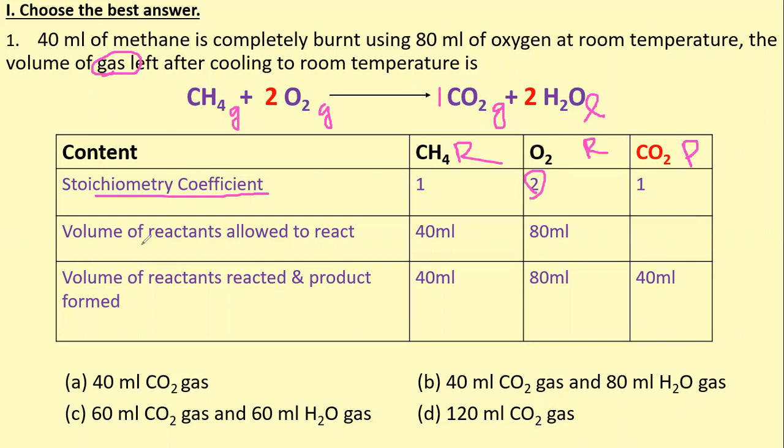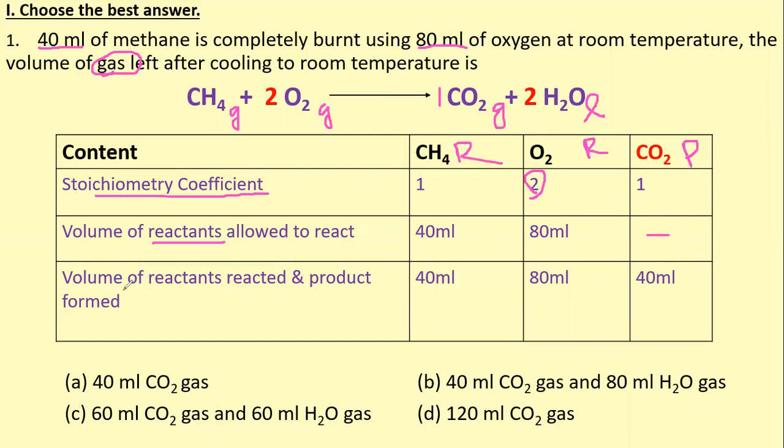Next will be the volume of reactants that are allowed to react. In the question itself they gave 40 ml of methane and 80 ml of oxygen. That only I have mentioned here, 40 ml and then 80 ml. Here only the reactants, so don't worry about the product.